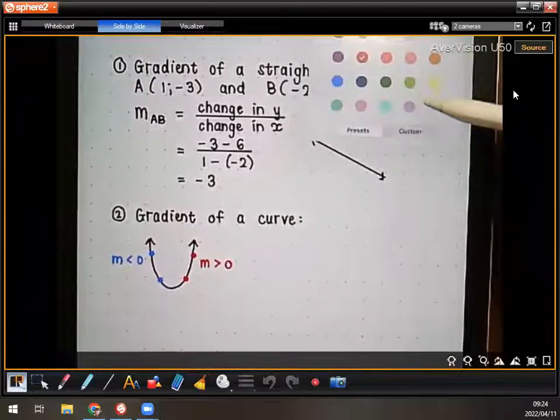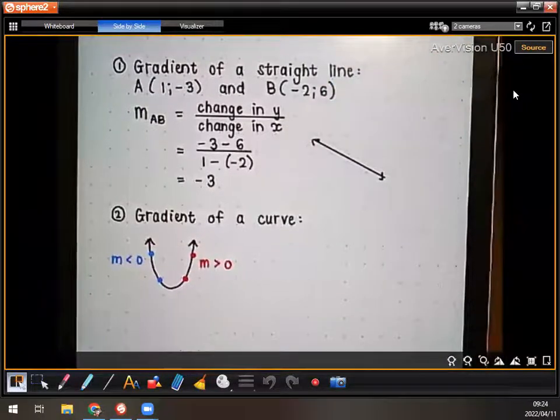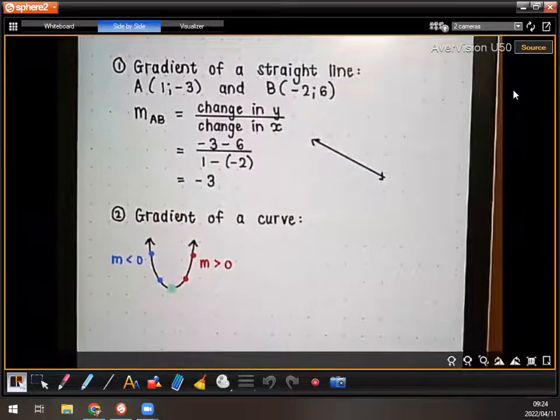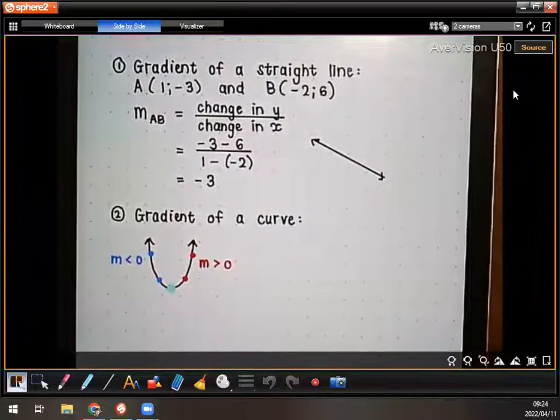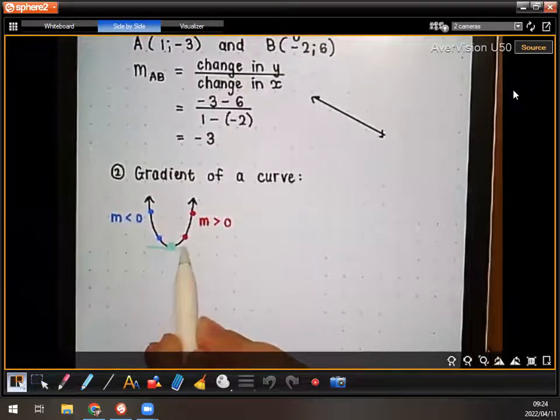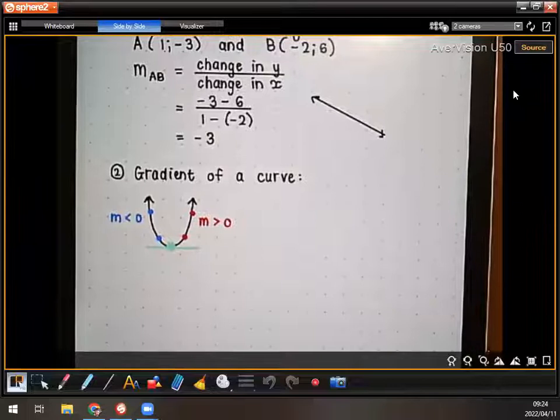What if you take this point here, the turning point of the parabola, and you draw a straight line there? I'm actually going to do that, because that would be easy to do. You draw a straight line there, just touching that turning point.